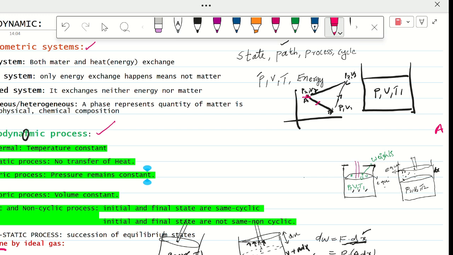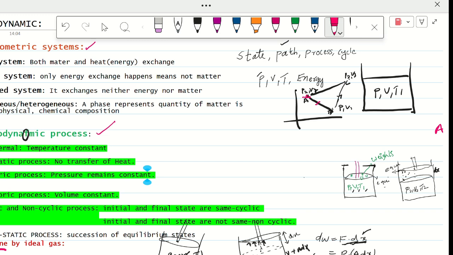So my point is state, path, process, and cycle. State means representing the pressure, volume, and temperature of a system at one instant. The changes are represented by the path. How they are changing, which property, pressure or volume, is changing, will be represented by process.